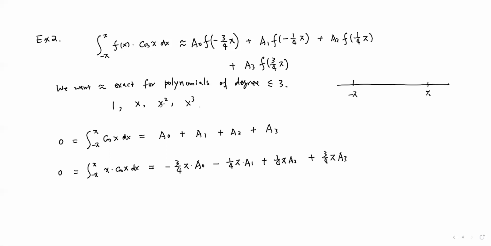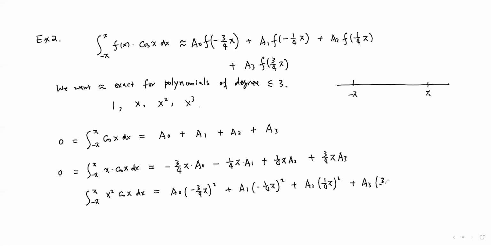Okay. Plug in x squared for f. The integral of x squared cosine x. Then we have A0 times (-3/4 pi) squared plus A1 times (-1/4 pi) squared plus A2 times (1/4 pi) squared, and so on. This integral is -4 pi.